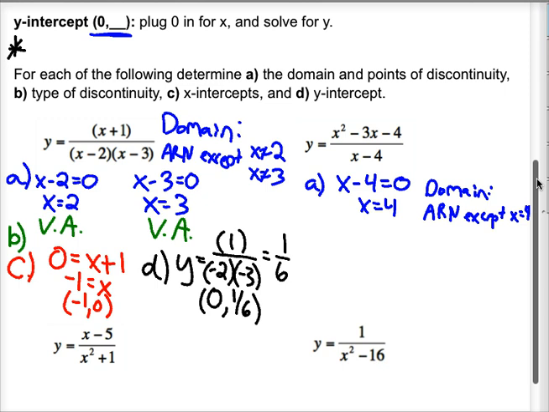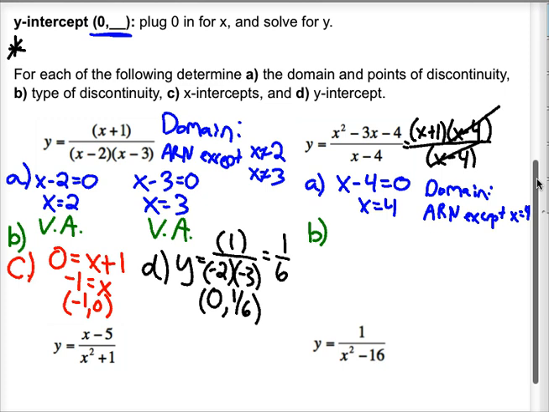For part B, now we have to label the type of discontinuity. Well, in order to do that, we have to factor this. So if we factor this, we get (x plus 1)(x minus 4) over (x minus 4).